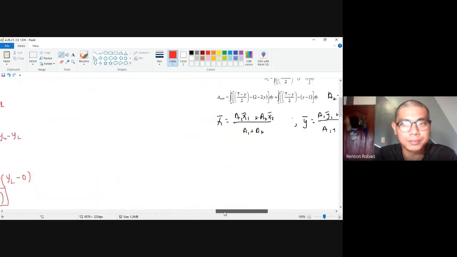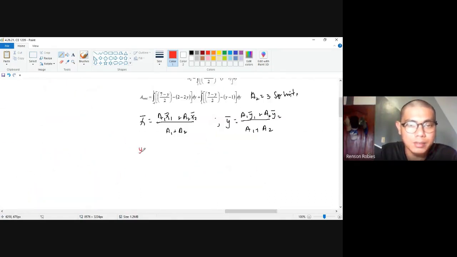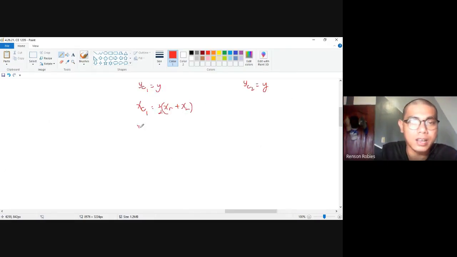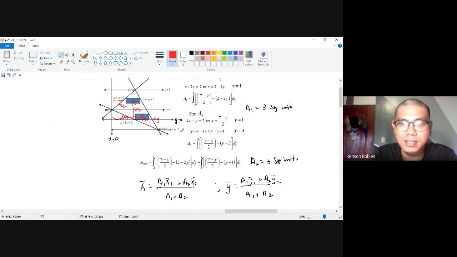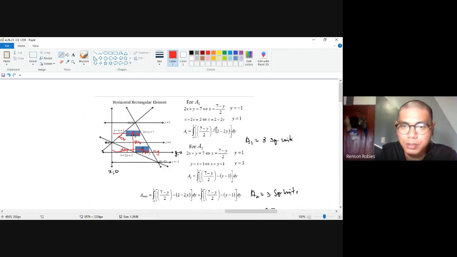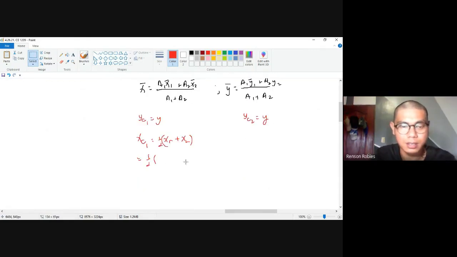YC is Y. So, YC1 is equal to Y. YC2 is equal to Y. And then XC1 is 1/2 X right plus X left kasi not touching the y-axis equals 1/2 times X right. Doon nyo kuhanin sa A1. A1. Ito. Gawin nyo lang itong plus. I-copy this one kasi ito yung X right, X left niya. And then gagawin nyo lang itong plus.